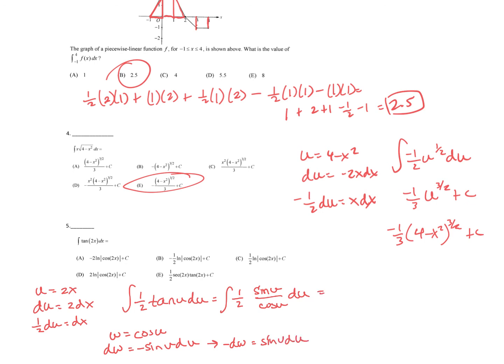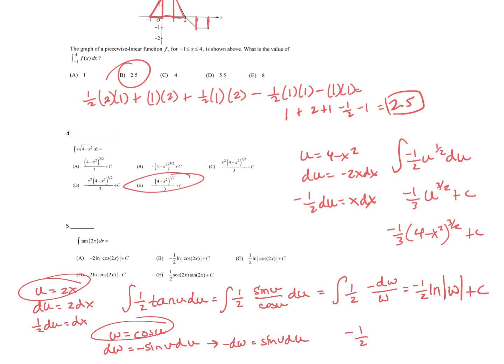So this is equivalent to the integral of 1/2 negative dw over w, which is where the ln comes from. So we get a negative 1/2 ln absolute value w plus c. Then we put back in our w and we put back in our u. So final answer, negative 1/2 ln absolute value of cos of 2x, plus c. So you get an answer of B.